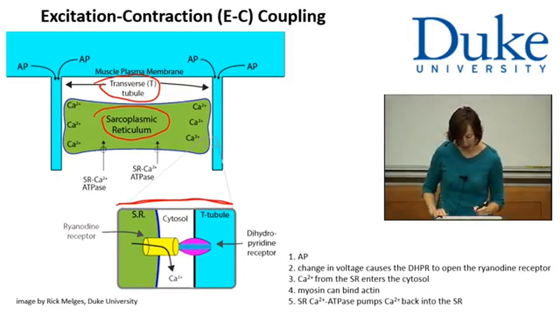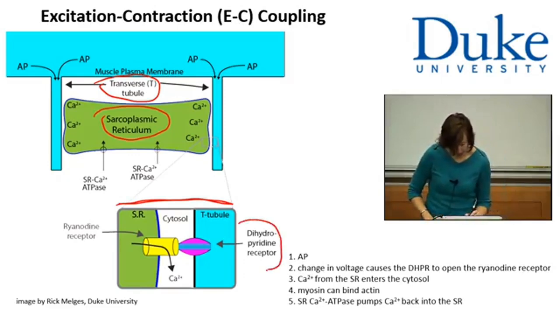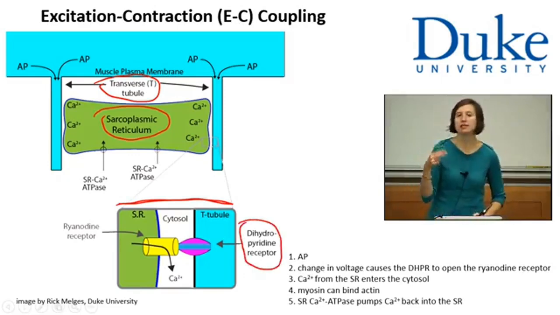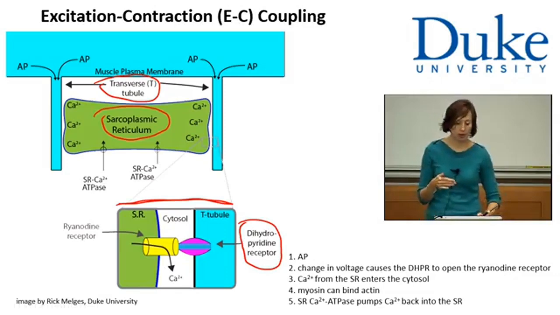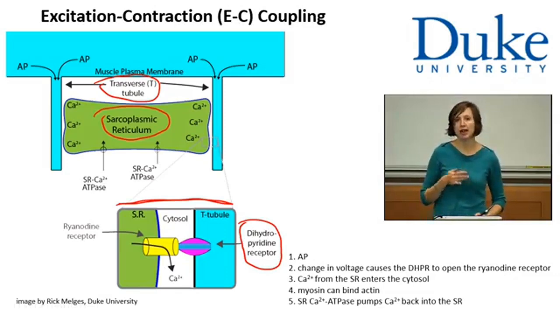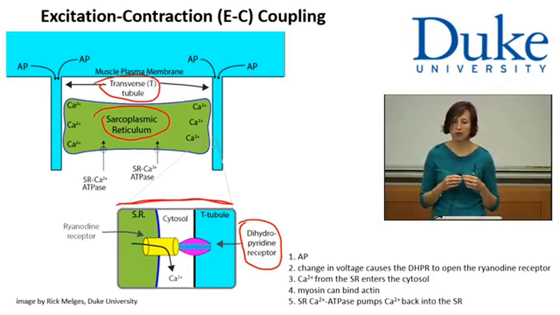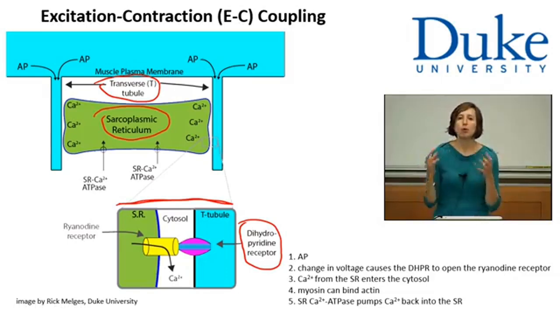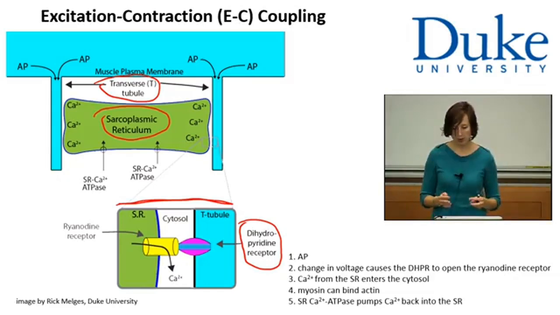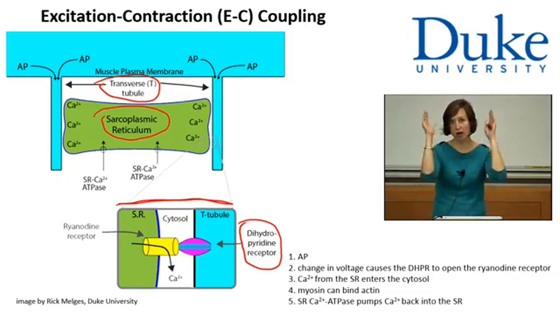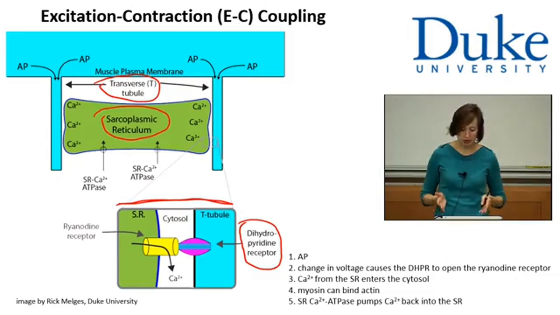The first is the dihydropyridine receptor, which is sitting in the T-tubule membrane, which is actually a voltage-gated calcium channel. However, it's slow to open, and so the real important aspect of this receptor for this process is that it's voltage gated, which means that when that action potential travels down that transverse tubule, its conformation is going to change.